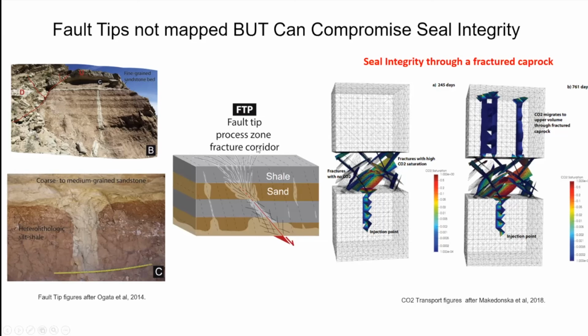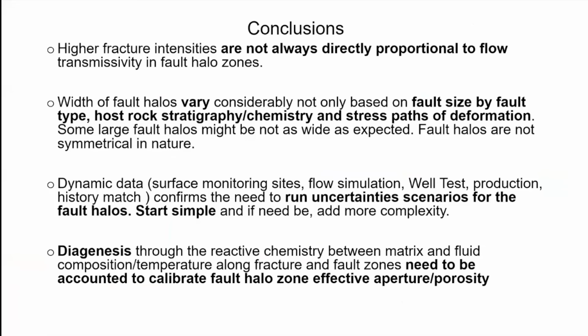So if it is pretty thick, even though a fracture tip might be present as a corridor, it might not be a big deal, because if it is large or thick enough, the diffusivity movement will be such a low rate that it should not be a problem.